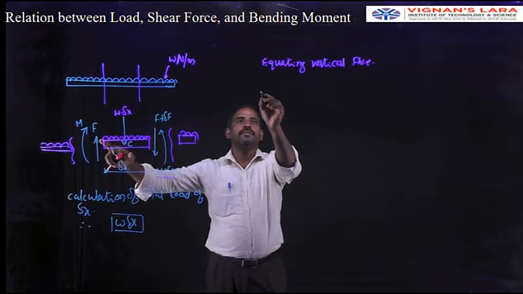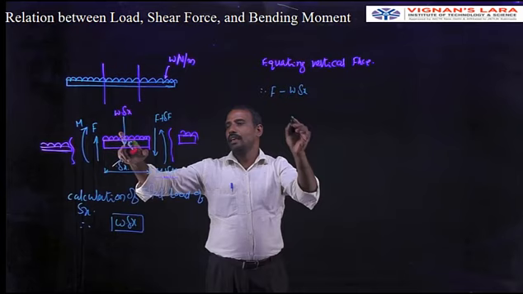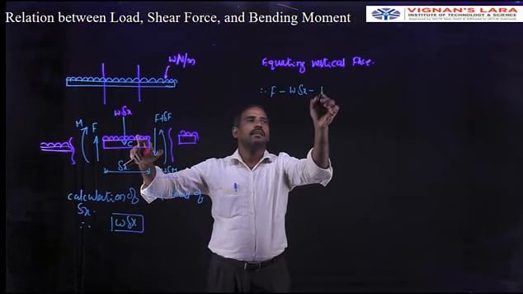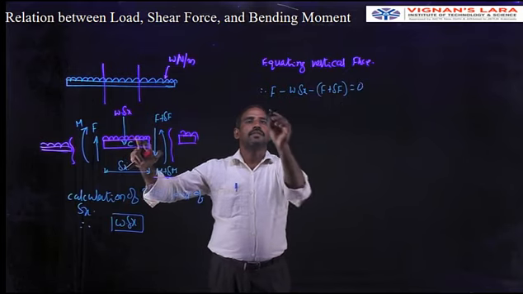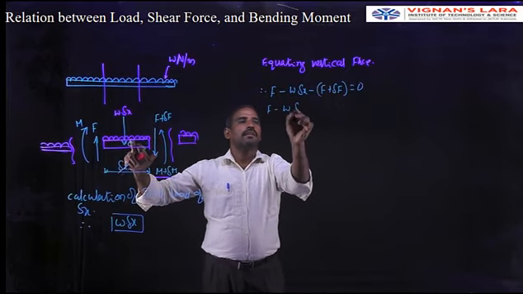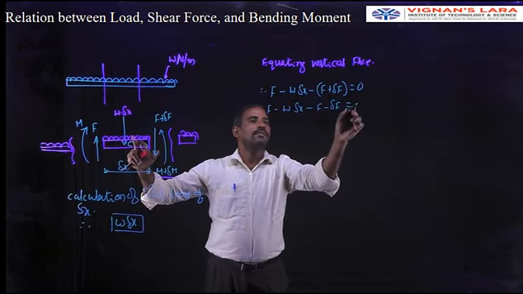So F minus W into delta X minus (F plus delta F) is equal to 0. That is, F minus W into delta X minus F minus delta F is equal to 0.